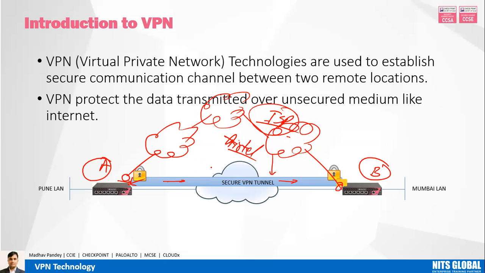Here I have Airtel and here I have Tata. What I'll do is go for IPsec VPN. This is my customized VPN that I will create as per my requirement. That is IPsec. These are all different scenarios, different cases.